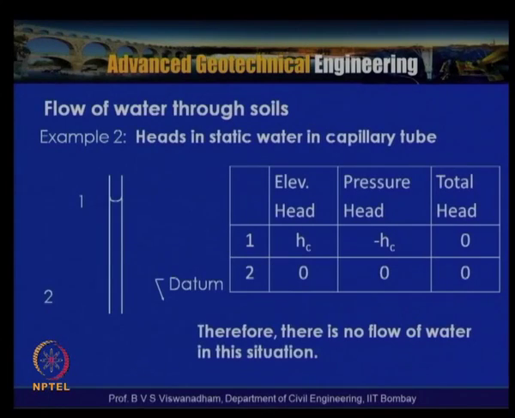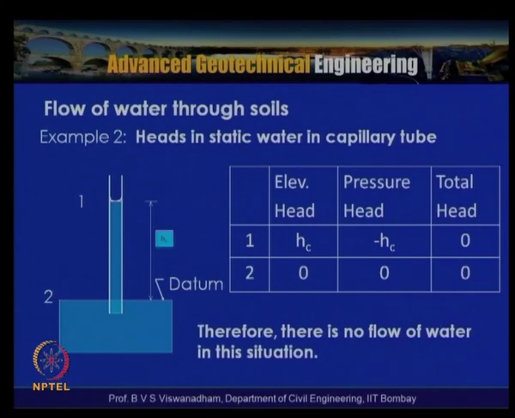In another example, which we discussed in the previous module about the capillarity situation, let us assume that we have the heads in static water in a capillary tube. We discussed that this phenomenon can occur in real soils because of the air, solid and water interaction.